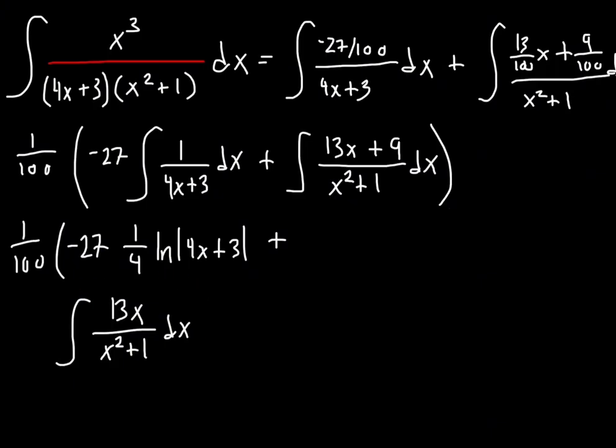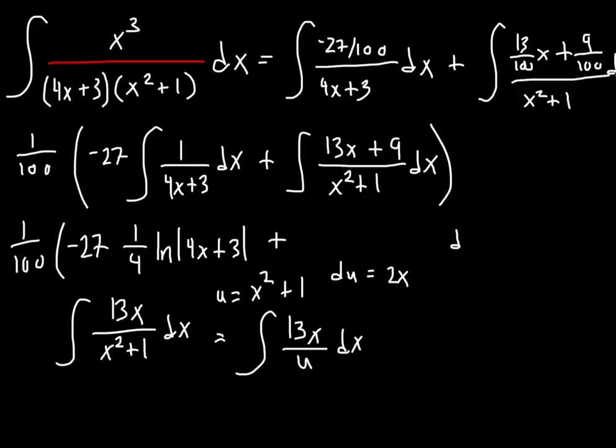Now for this one here, I'm going to use u substitution. So u equals x squared plus 1. That means du, the derivative of u, is going to be 2x, and the derivative of 1 is just 0, so I don't need that. So this is integral of 13x over u dx. So I need to solve for dx. So du over dx is equal to 2x.